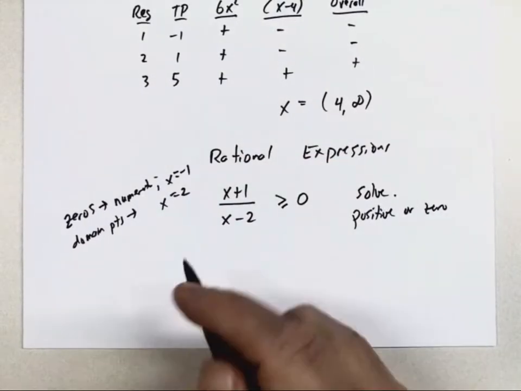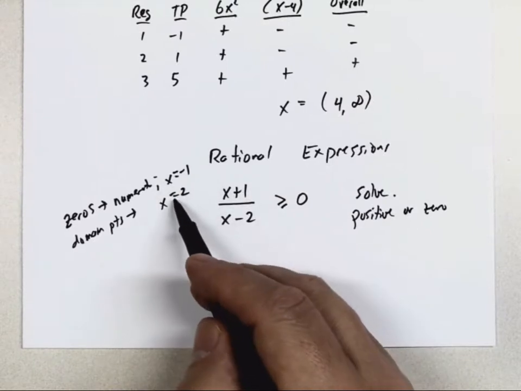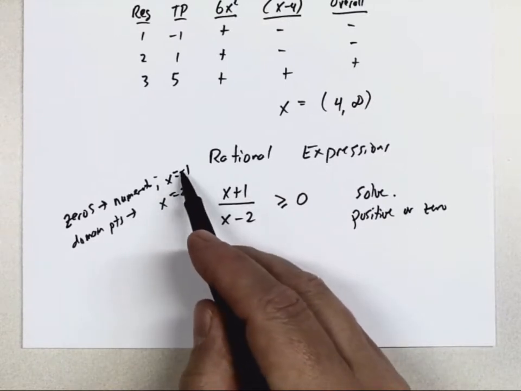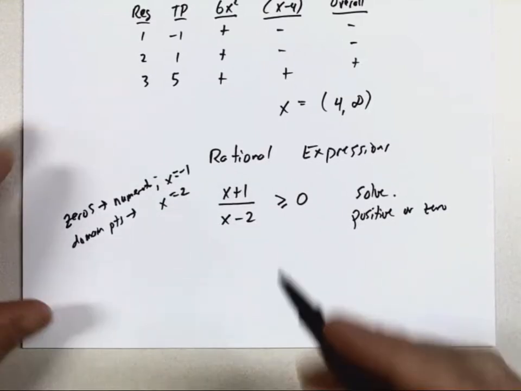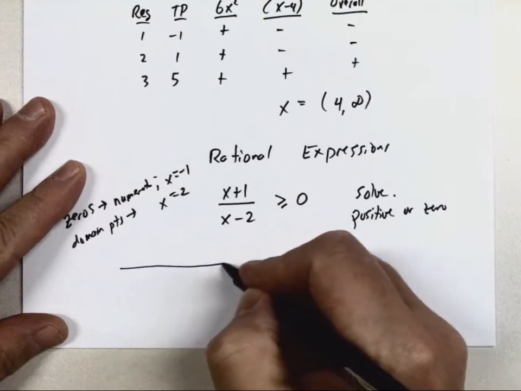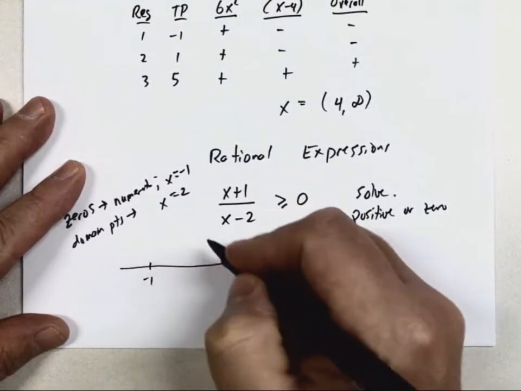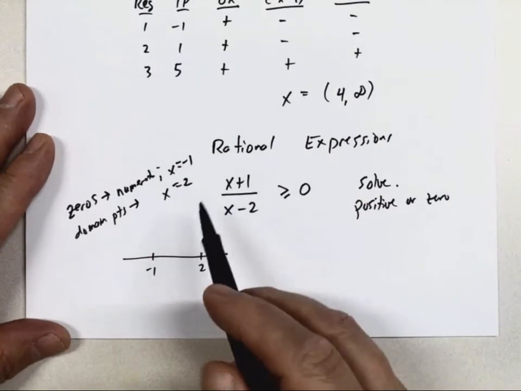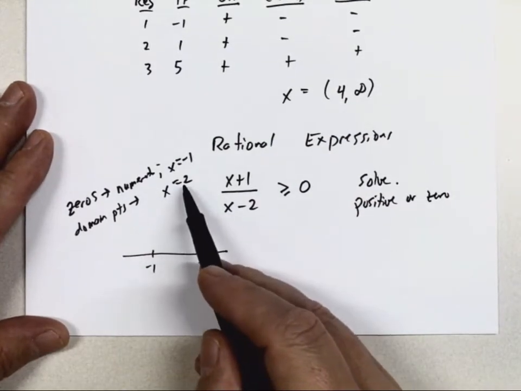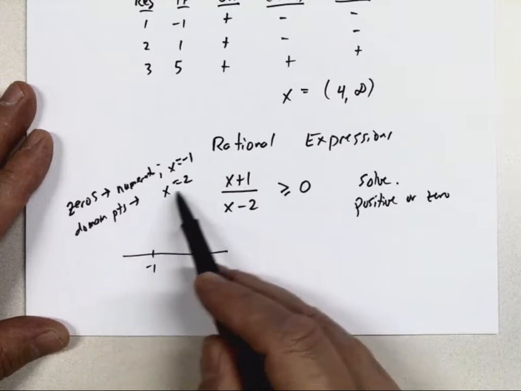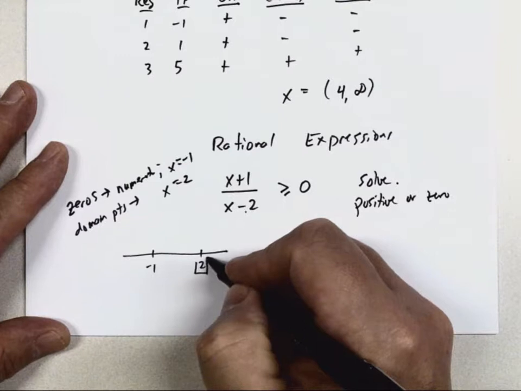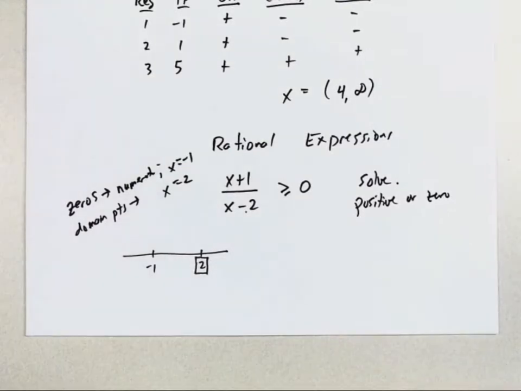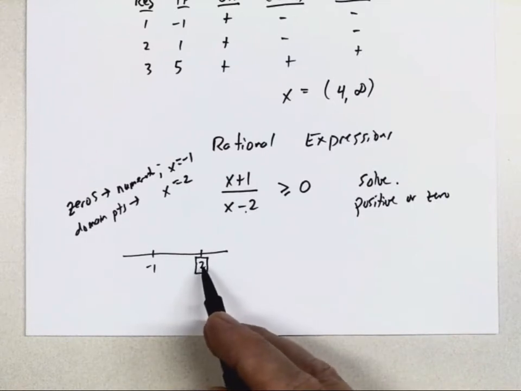Now really, what I'm going to do now is I'm going to create a graph and a sign chart, and I'm going to use both of these values of x as my boundary, my border points. Now what I normally do is whatever border or boundary points I get from the denominator, I just like to put a box around it, because when I finish the problem at the very end, it's going to be important sometimes to know where this 2 came from.